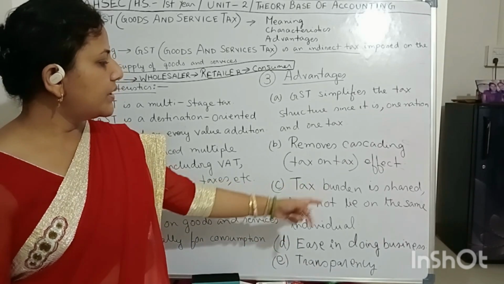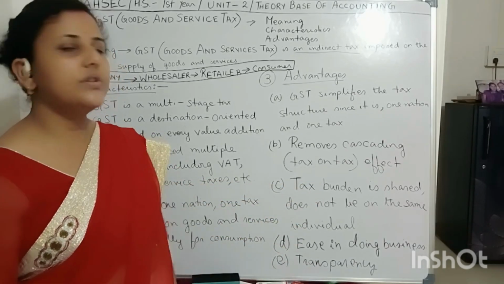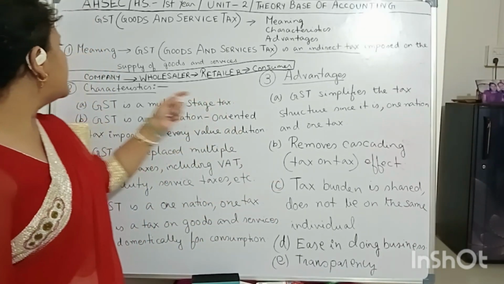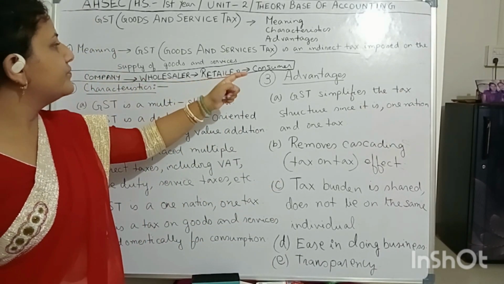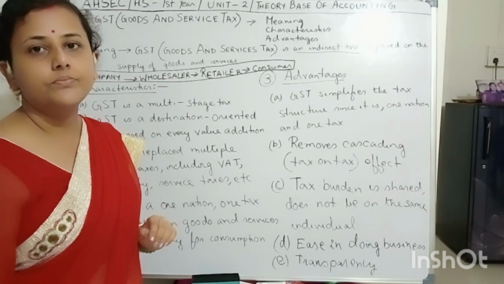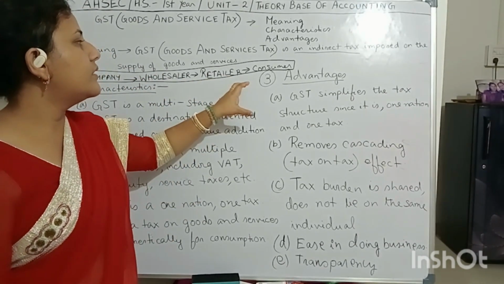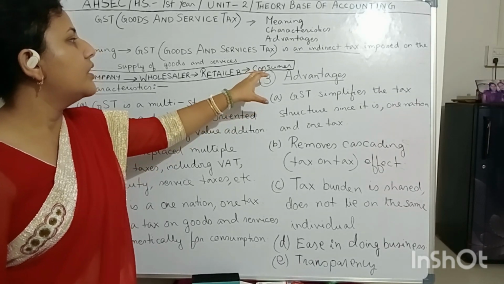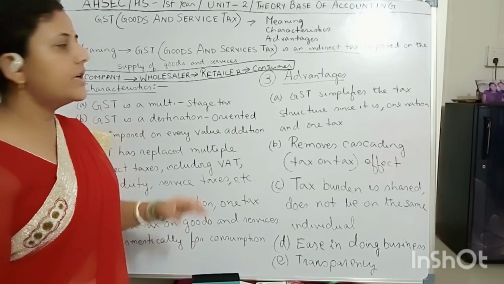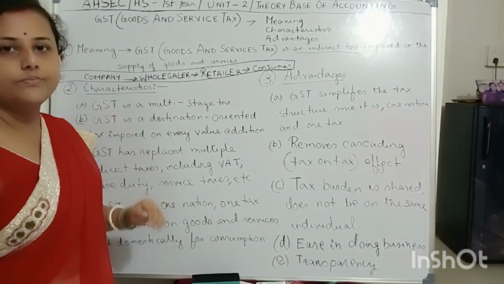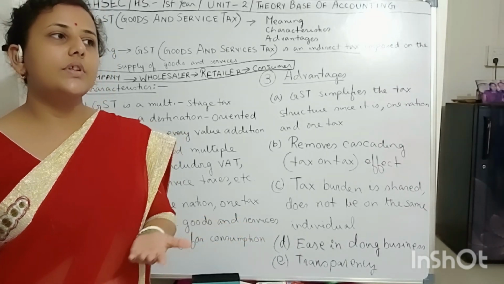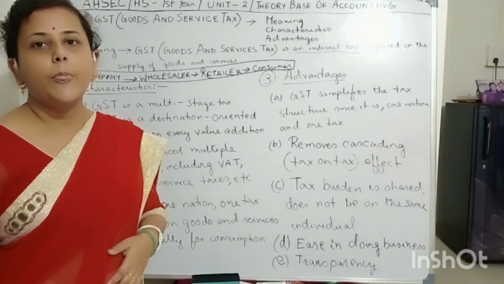Then you see, tax burden is shared, does not lie on the same individual. This is another advantage, point number C. Here the tax burden is shared amongst everyone: the company, wholesaler, retailer and consumer. It is not that the burden of taxation is borne by the consumer only. It will be shared amongst everyone. Before, it was excise duty, custom duty and everything that the consumer had to pay, yes or no?